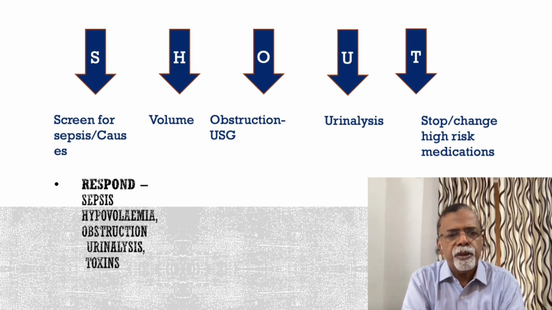Look at the color of the urine, analyze the urine. T: stop or change high risk medication. That is SHOUT. So remember, S stands for sepsis, H for hypovolemia, O for obstruction, U for urine analysis, and T for toxins.